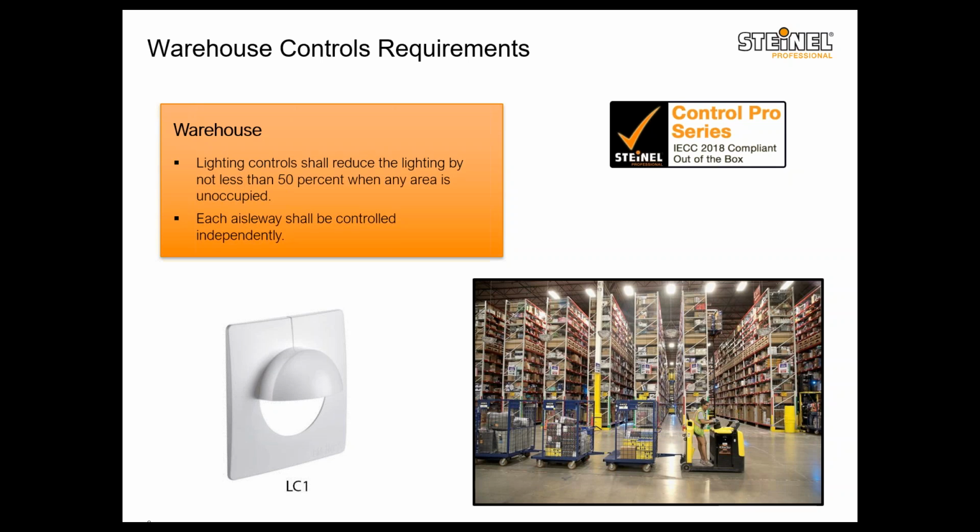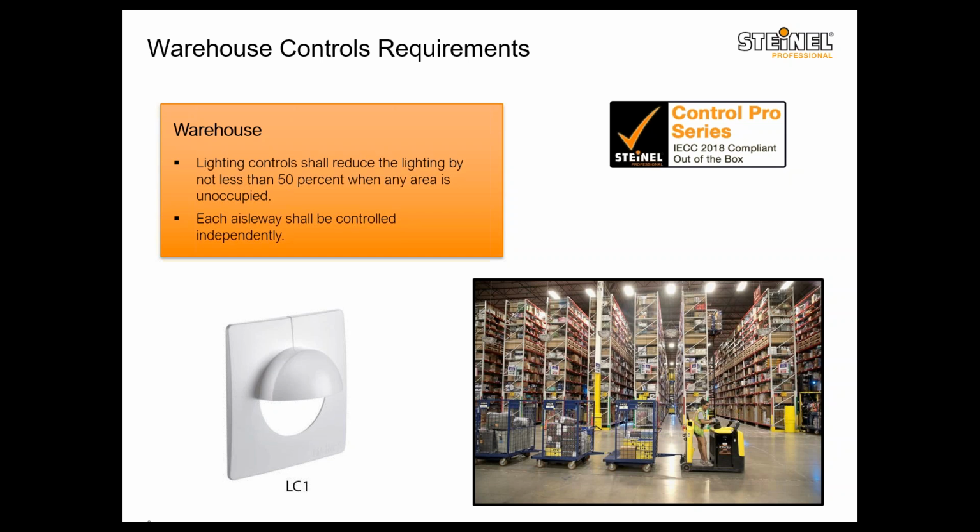And the other requirement they have introduced is that each aisleway shall be controlled independent of the other aisleways or the open areas, which means the lights in an aisleway should only turn on when you enter that aisleway. And we have a great tool for it.